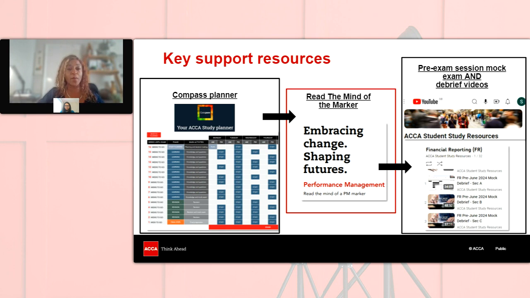And so I've seen some questions talking about the functionality of the word processor and the spreadsheet component in the exam. It's not going to be the same as what you have in Microsoft or in Google. So you are strongly advised to go into the ACCA practice platform and have a look at the mock exam, or we've got other resources.